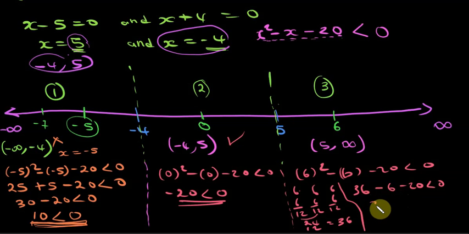There's no way 10 is less than 0. So the conditions are not met in the third region. The only region that meets the condition is from minus 4 to 5.